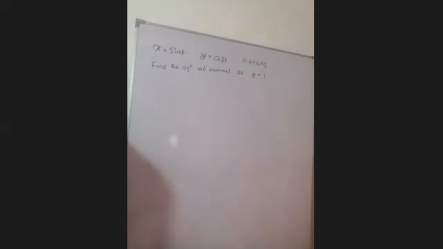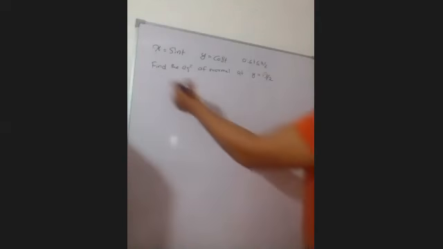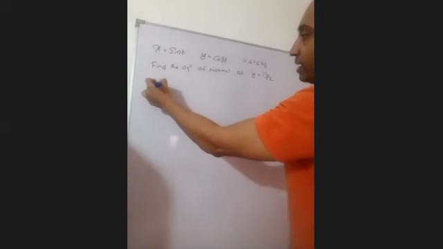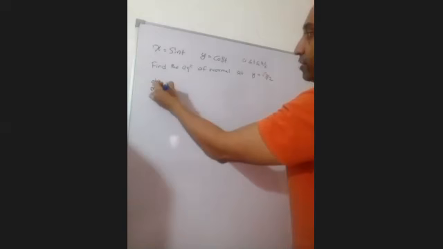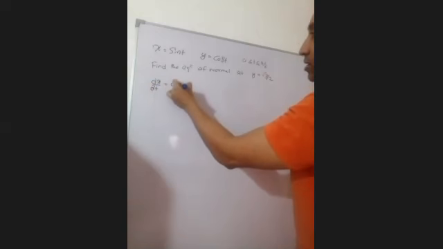Let's see how to do this question. Initially, what we need to do is find dy by dx. You can find dx by dt: the differentiation of sin t is cos t.